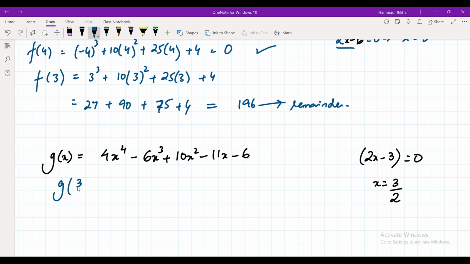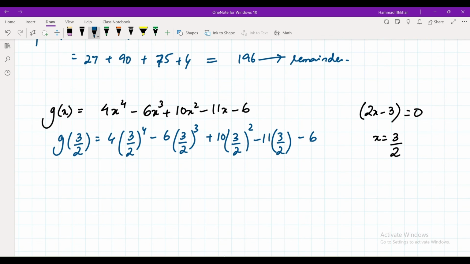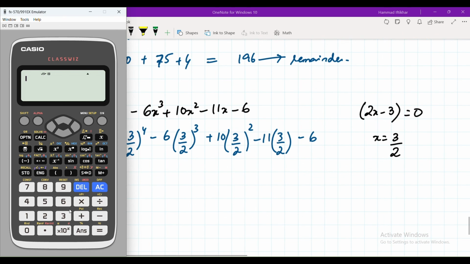We are plugging in 3 by 2. So 4 times 3 by 2 raised to power 4 minus 6 times 3 by 2 cubed plus 10 times 3 by 2 squared minus 11 times 3 by 2 minus 6. So let's put this all in the calculator. 3 divided by 2, let's put it in the storage first.